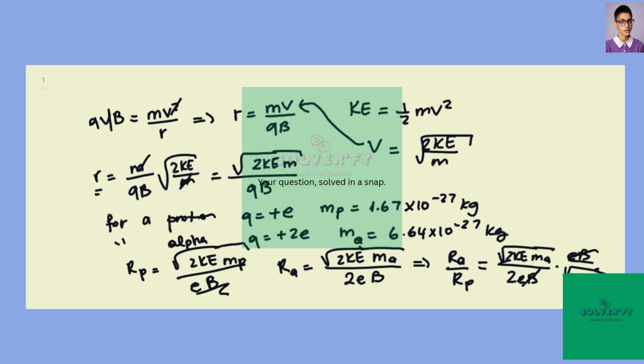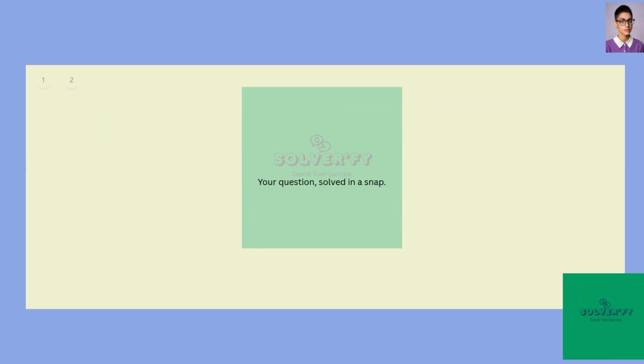So the kinetic energies are going to cancel out, but we still have the ratio of m_a to m_p in a square root. So going on to the next page, we said r_a over r_p equals 1/2 times the square root of m_a over m_p.